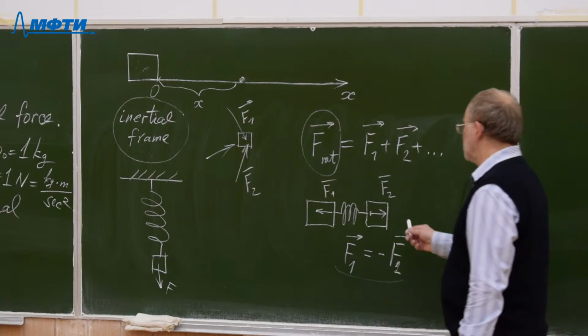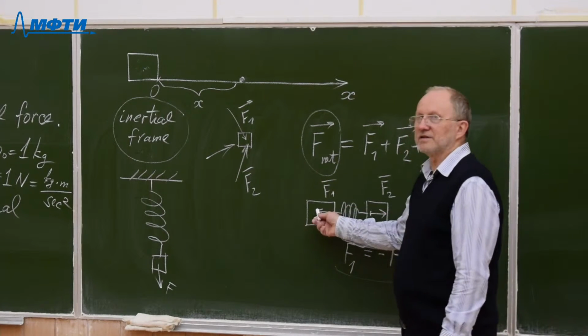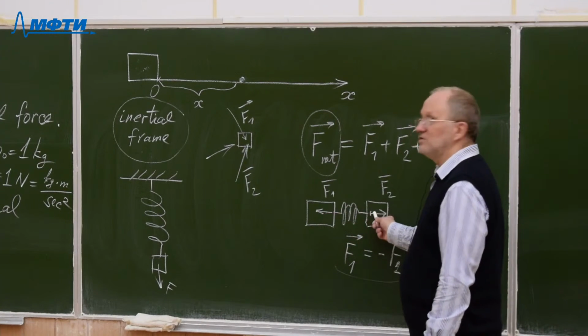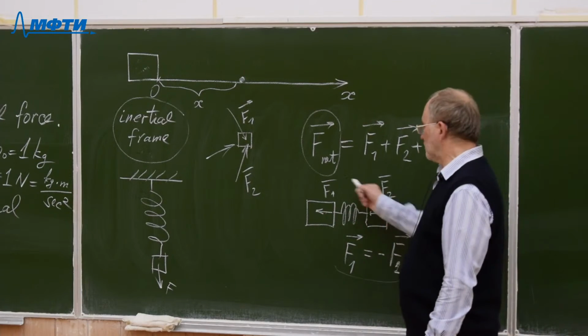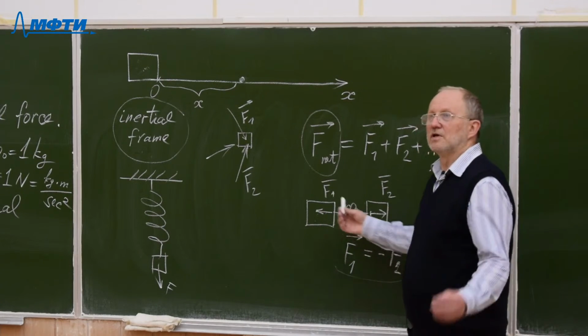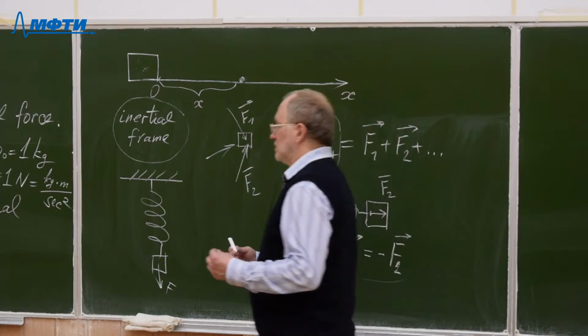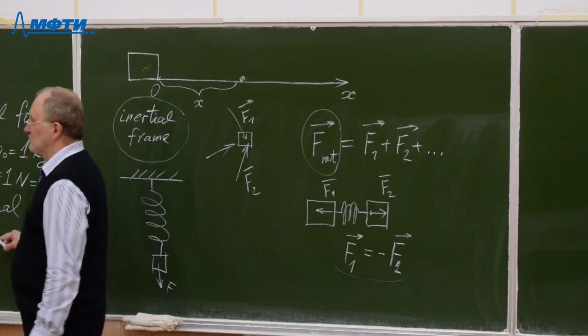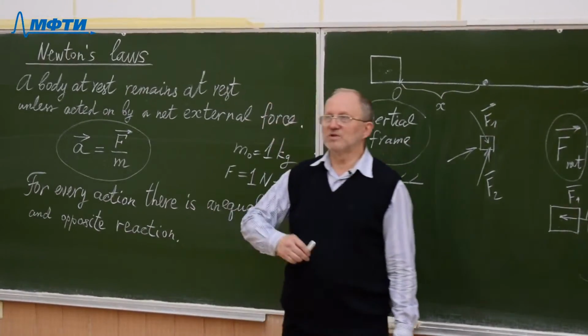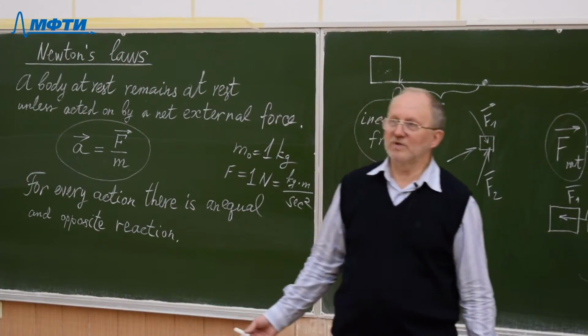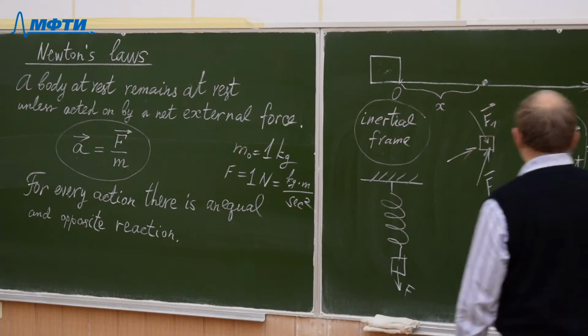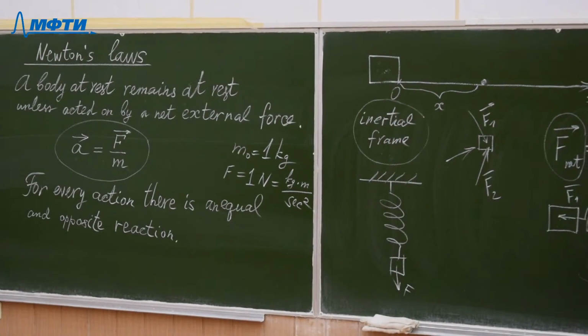You may consider some gravitational interaction, like forces acting on the moon from the Earth and forces acting on the Earth from the moon. Two forces of gravitational interaction will also comply with this law. One force will be equal to another one with a sign minus. Whatever force you consider.